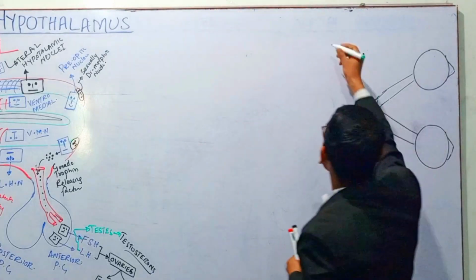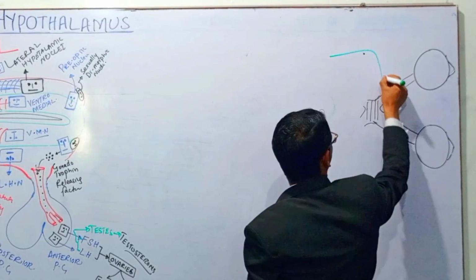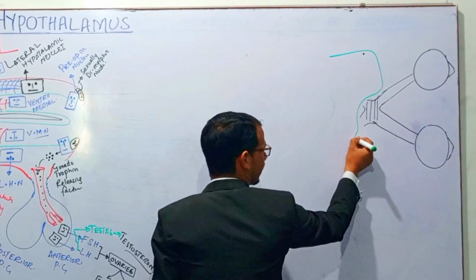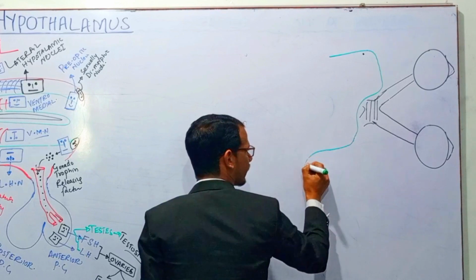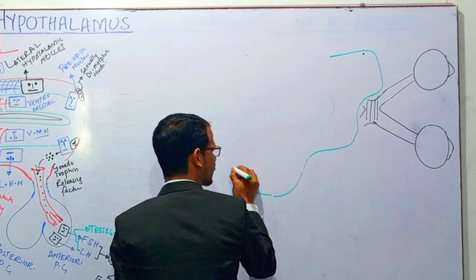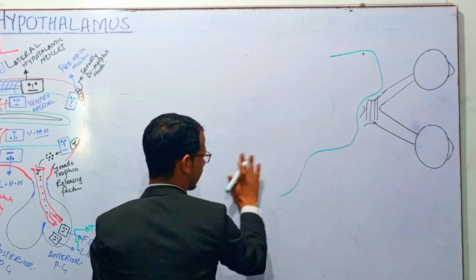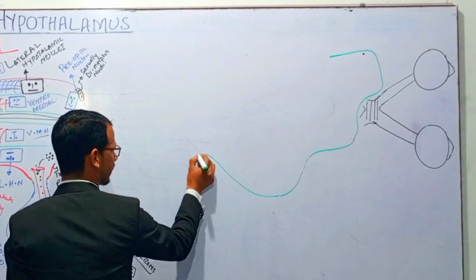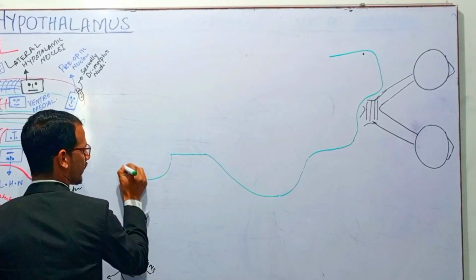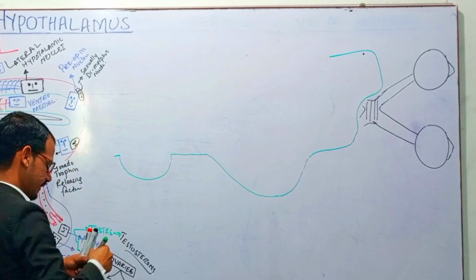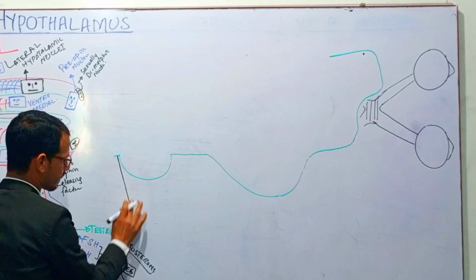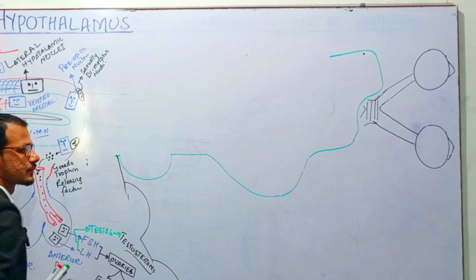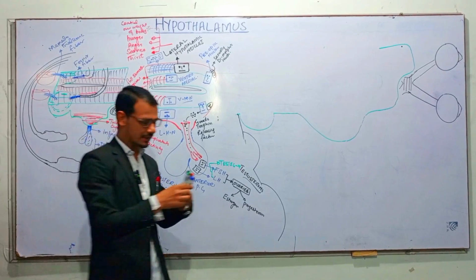So for example, this is the hypothalamus, right? And this is that swelling which is called tuber cinereum, right? And here we have the mammillary swelling, and here we have the pons and medulla, right?